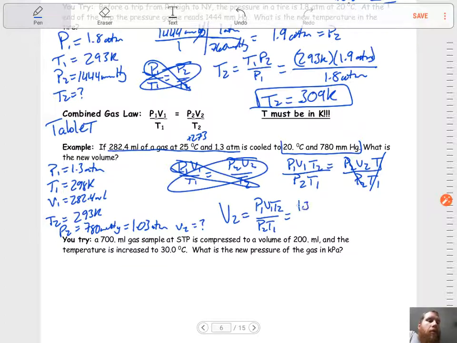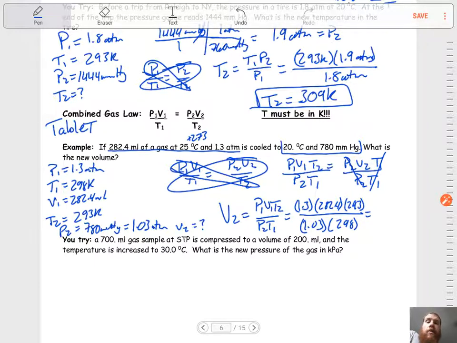First pressure, 1.3 atmospheres times my first volume, 282.4. Second temperature is 293, all divided by second pressure, which is 1.03, and my first temperature of 298. So, as we've done before, guys, we have fractions. Your order of operations does matter, so you've got to make sure that you do the top first and then the bottom and then divide.